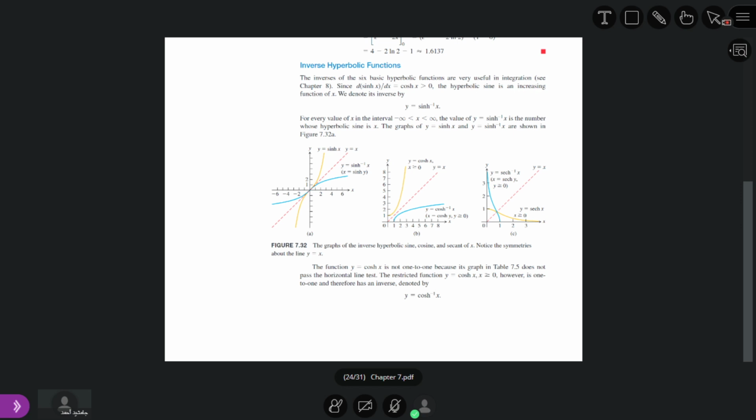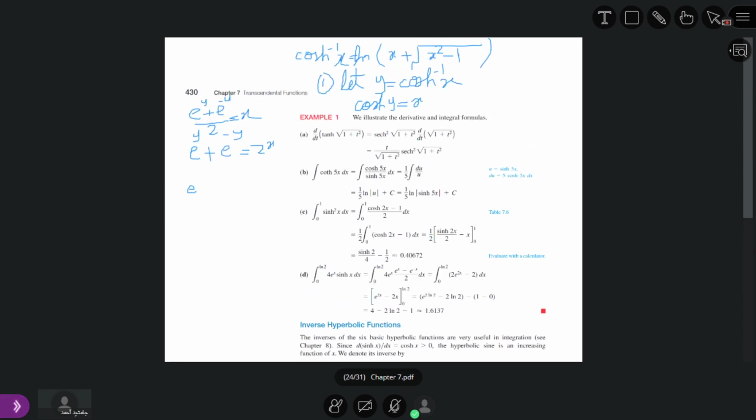Now we multiply e power y with the whole expression, so we get e power 2y plus e power 0, because y minus y is 0, equal to 2x e power y.